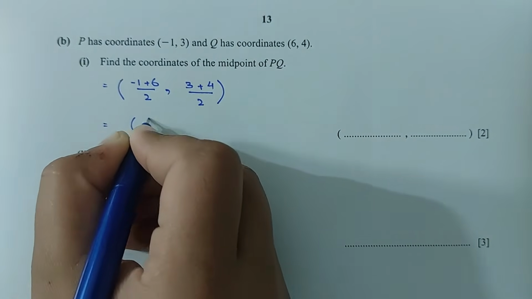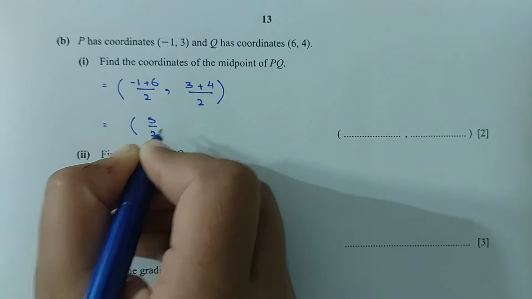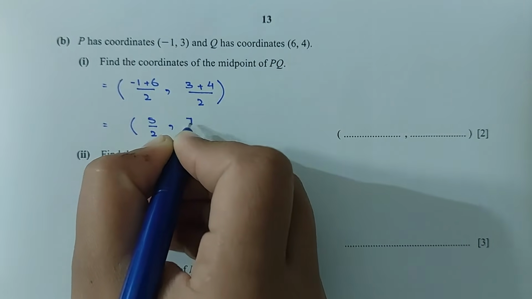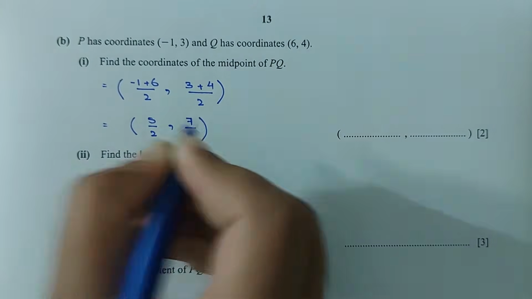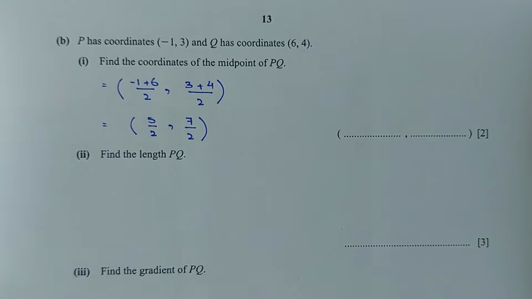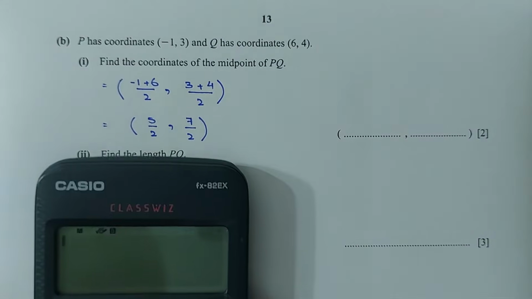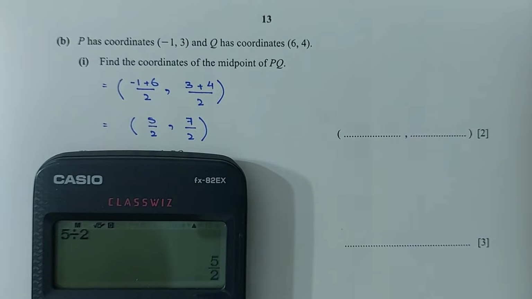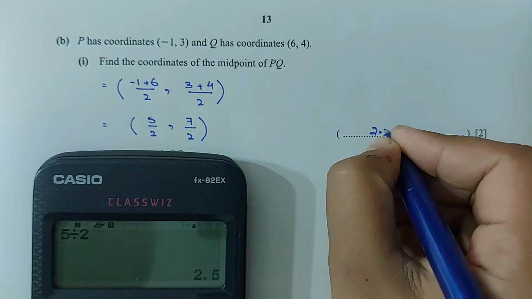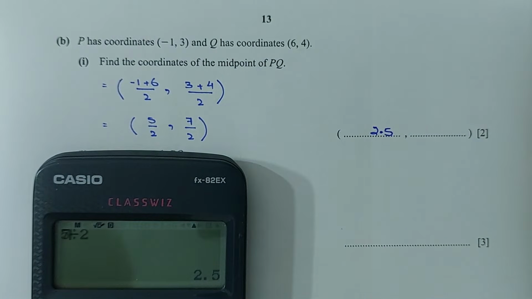So here we have 5 by 2 and we have 7 by 2. You can write this as it is, or let me convert them into decimals. 5 by 2 is 2.5, and 7 by 2 is 3.5.